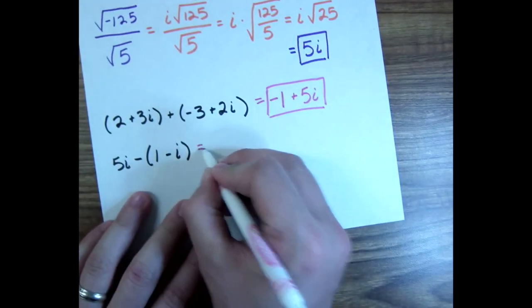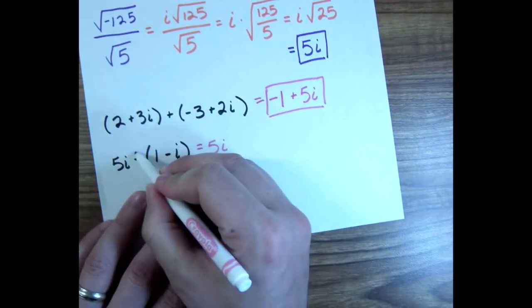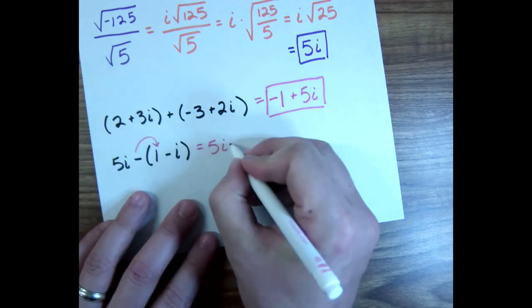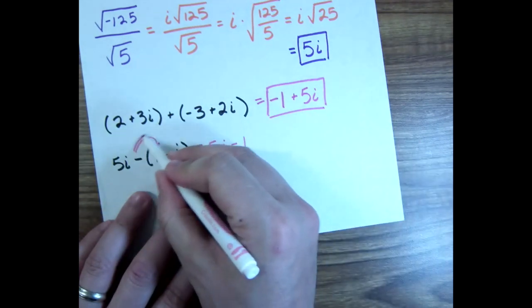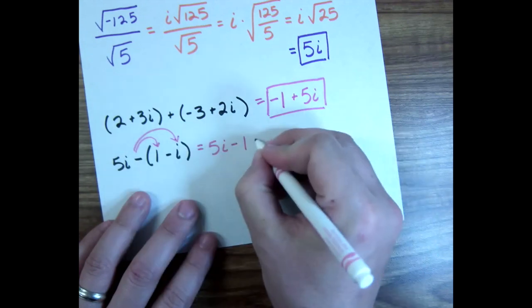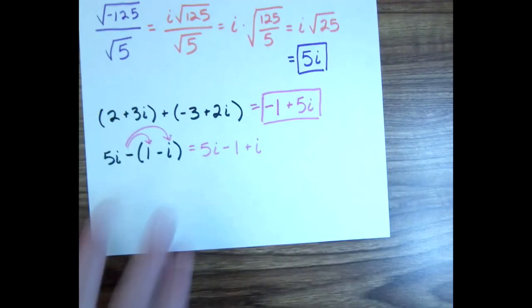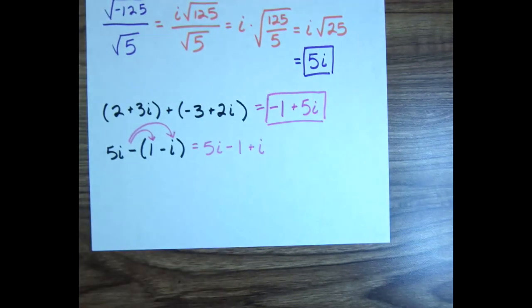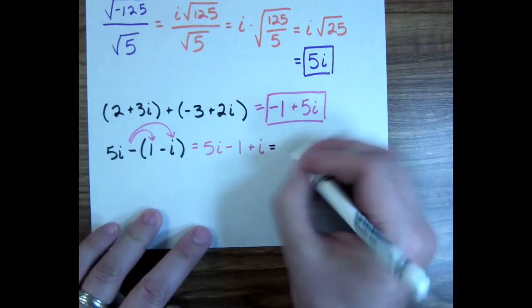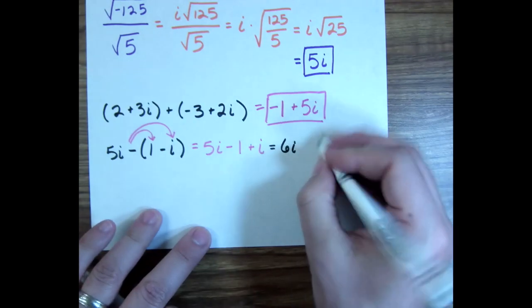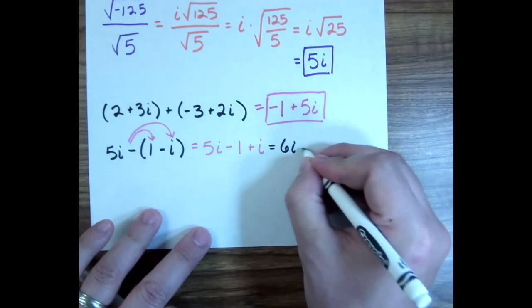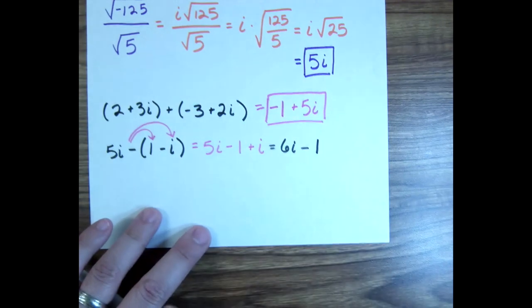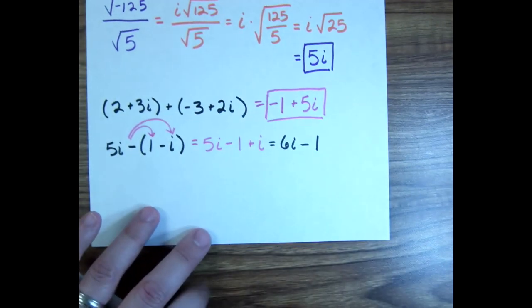So this is going to give me 5i minus 1, minus -i is the same thing as plus i. When I combine my i's, what will I get? 6i. Minus 1. And that's it. 6i minus 1 is fine.